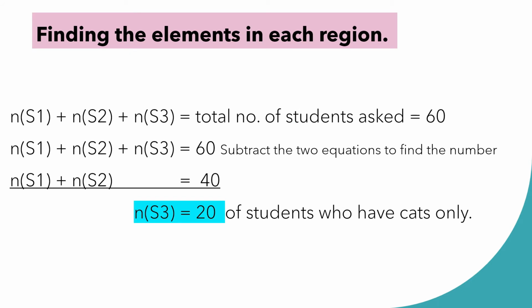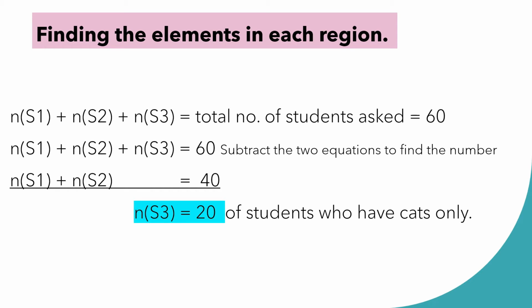For finding the elements in each region, we are going to have this formula. n(S1) plus n(S2) plus n(S3), where n represents the number, is equal to the number of students, which is 60. And then we're going to subtract 60 by 40. 40 represents the number of students who have dogs.